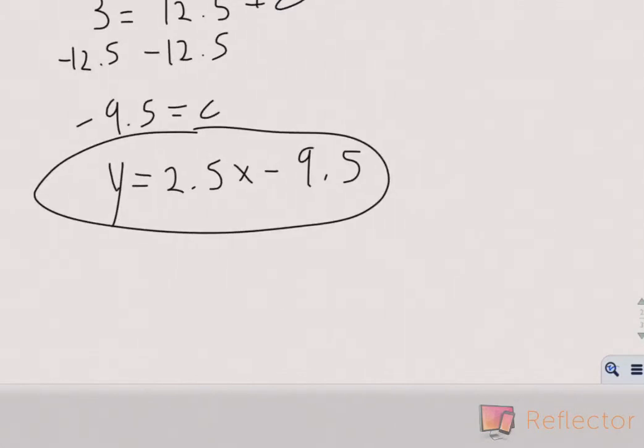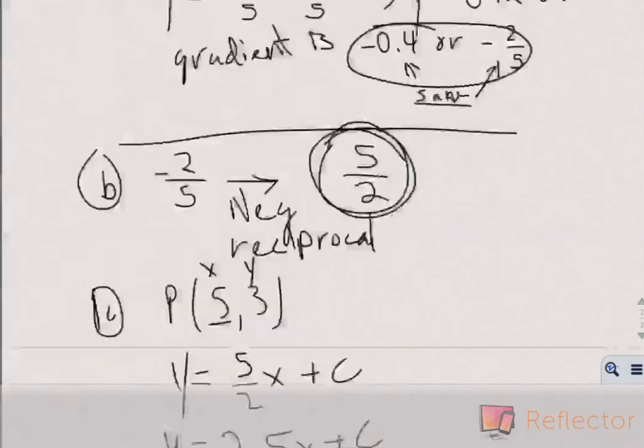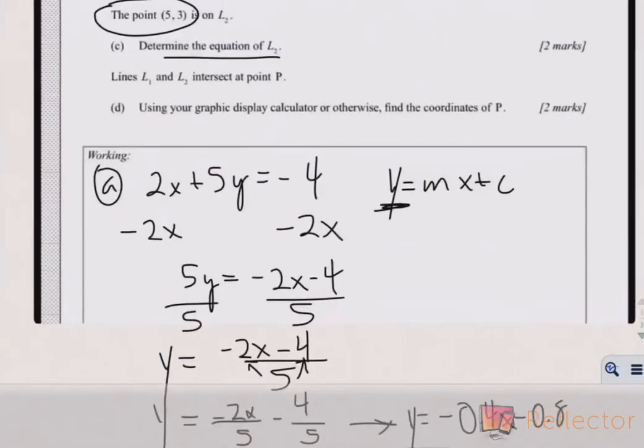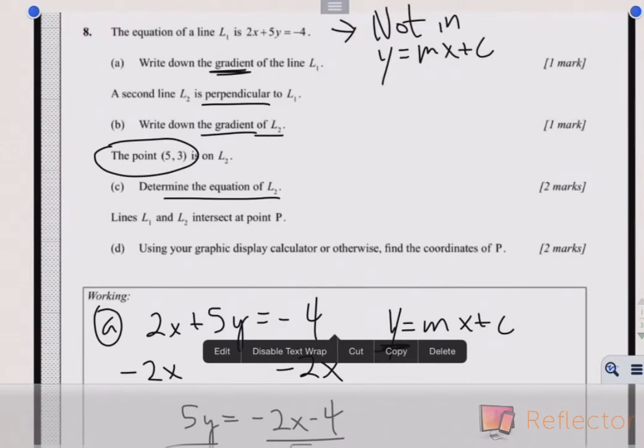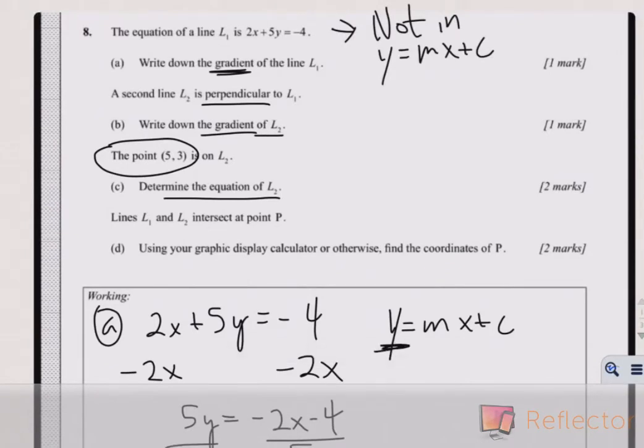Okay, so last step, D. Using your graphic calculator or otherwise, find the coordinates of P. Well, the graphic display calculator is the most efficient way to do this. And so we can graph these. They're both in y equals mx plus c form, which is going to make it important for us. So it says that they intersect at point P, which was this point here.